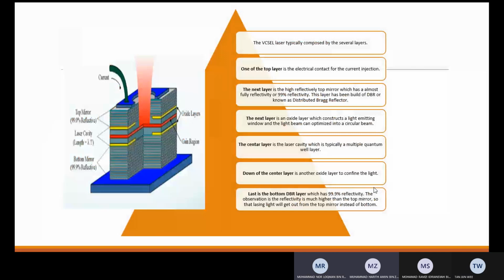So the VCSEL has 7 layers. The first layer is made of a metal layer, one of the top layers, which is the electrical contact for the current.